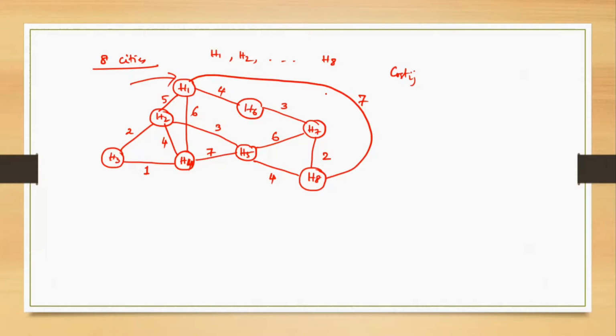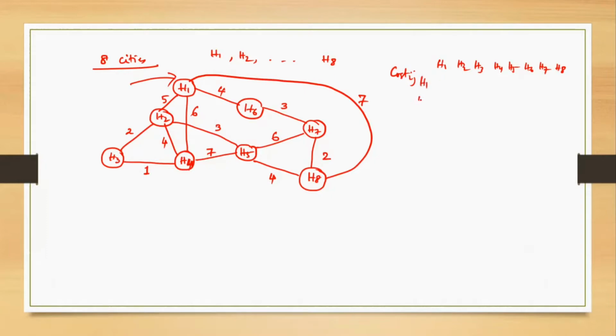We have altogether 8 cities, so the cost matrix will be 8 by 8, with H1, H2, H3, H4, H5, H6, H7, H8. It is basically an adjacency matrix. Better to say it's a cost matrix where, if there is a direct association, we put the cost. If there is no direct association, we just put 0.